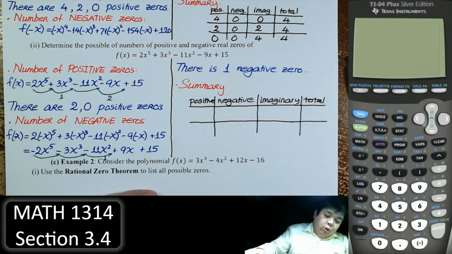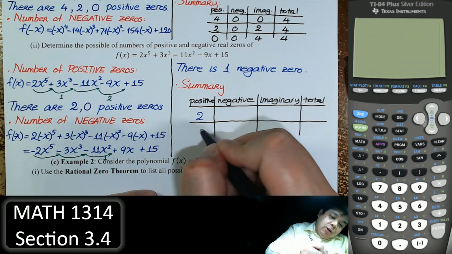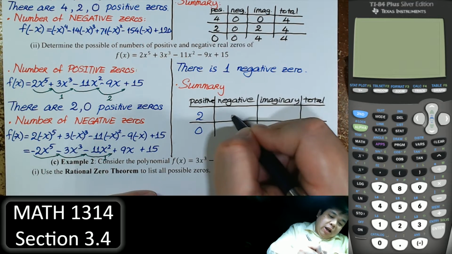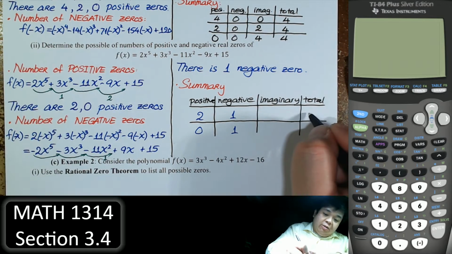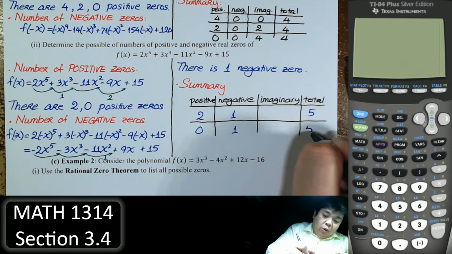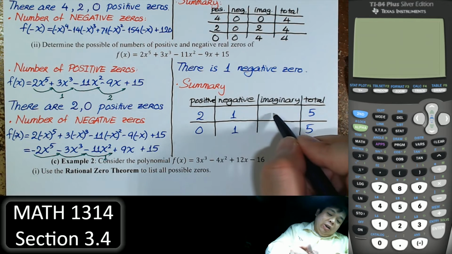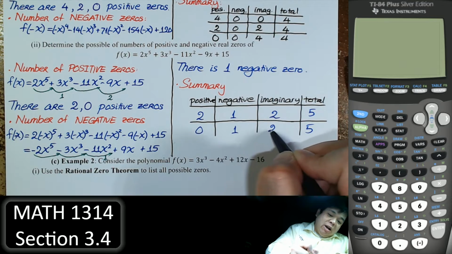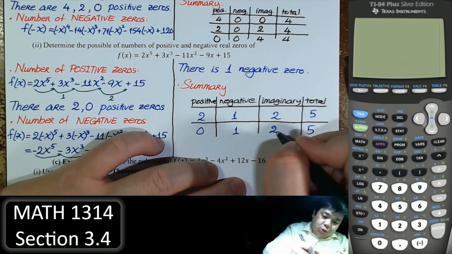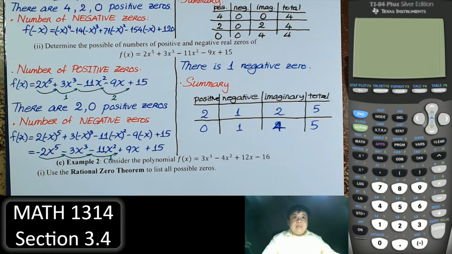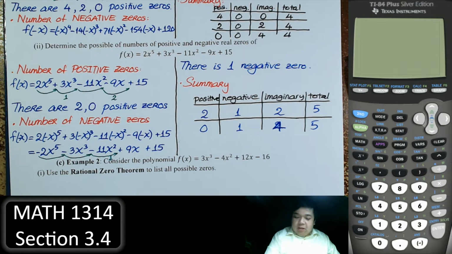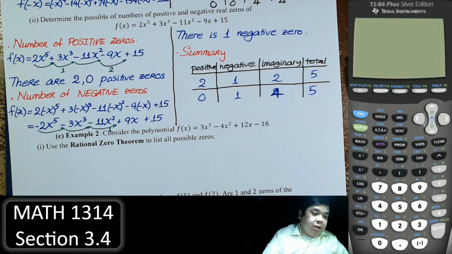So for positive we might have 2 or 0, guaranteed to only have 1 negative. The total we have is going to be 5 because that's the 5th degree polynomial. So with that, we guarantee in this problem we have imaginary solution. I'm sorry, this will be 4. Yeah, the total must be 5. So this one must have imaginary solution. All right.